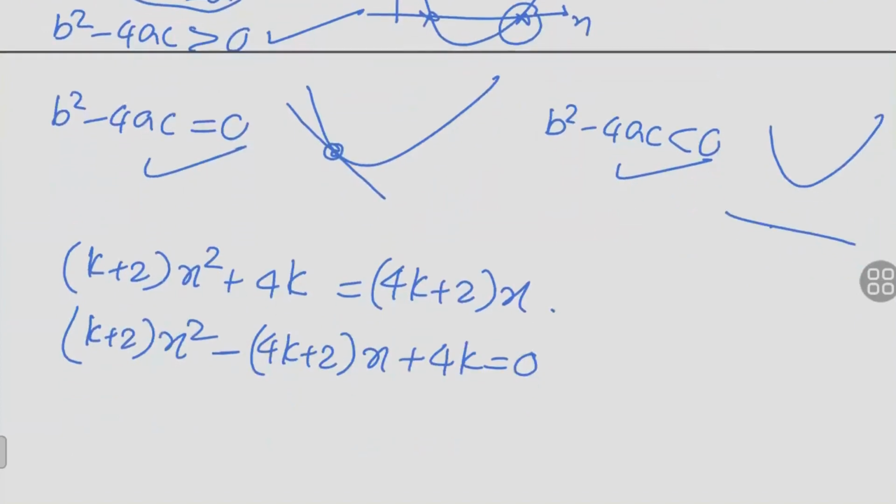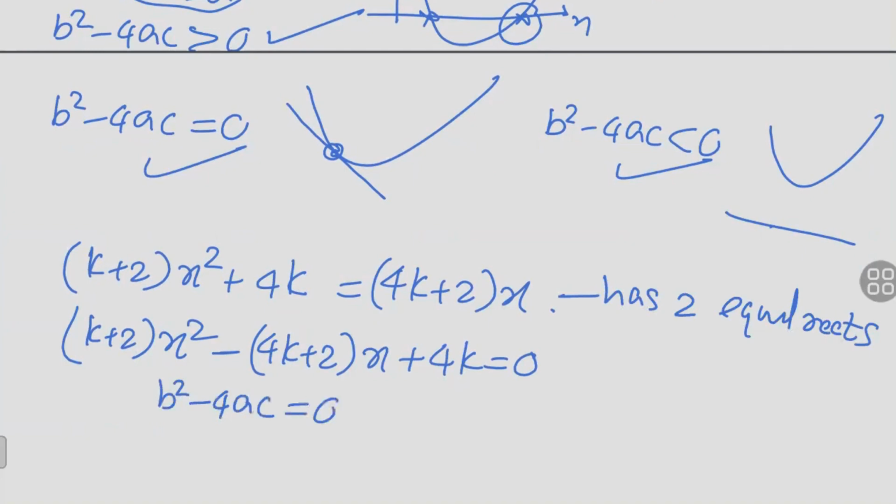Now let's say they ask that this has two equal roots. Two equal roots means the discriminant should be what? Just equal to 0. Or greater than or equal to 0, for both cases of two roots, right?